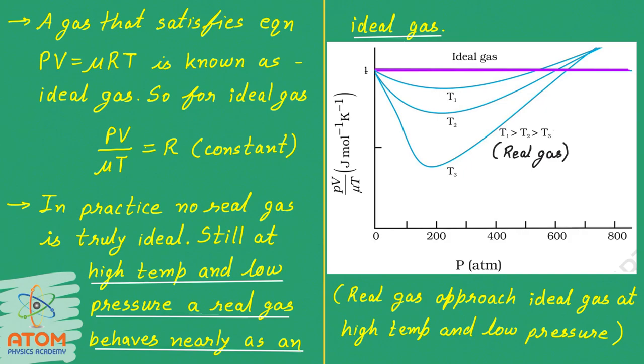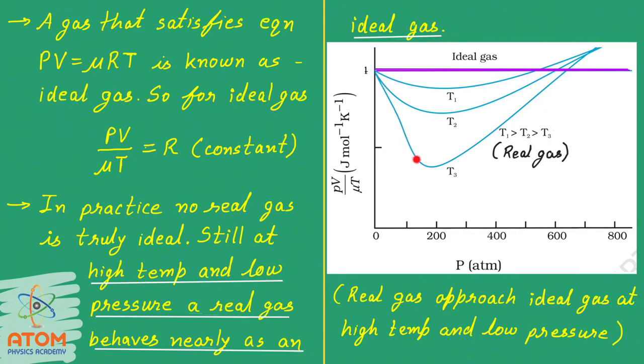That means for an ideal gas, PV upon mu T versus P should be a straight horizontal line because it is constant. Now if for any real gas we get this type of horizontal line, then we can say that the real gas is also behaving as an ideal gas.